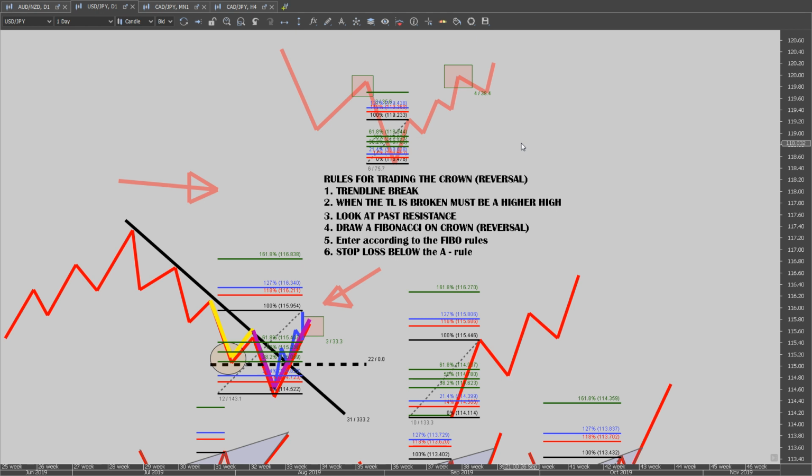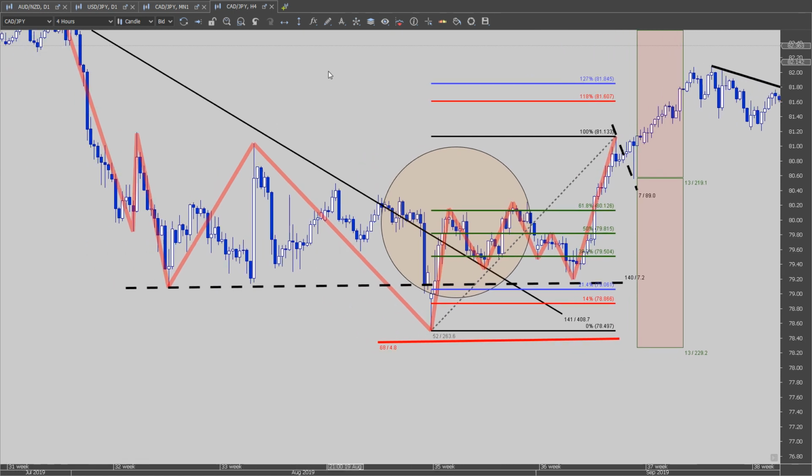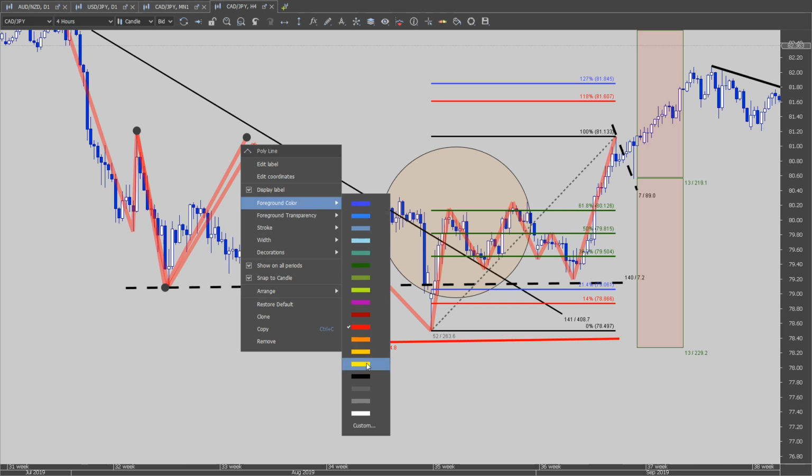Okay, Miguel, can you see the picture? The Fibonacci goes on the crown, on the center tip. Okay? Or the right leg, I think it is, right? I know what is puzzling. So this is the crown, Miguel. Crown reversal. This is the left tip, it is going to be here. And let's make it yellow.